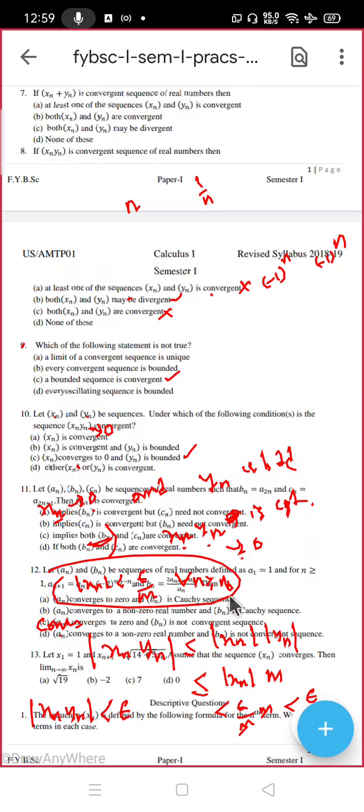Do you understand the statement? If Xn is converging to 0 and Yn is bounded, then the product converges to 0. This is the statement. Okay?